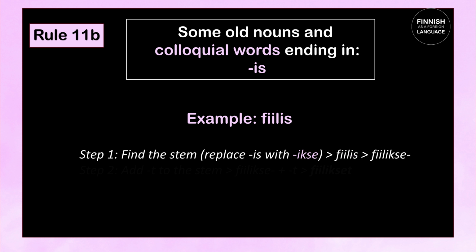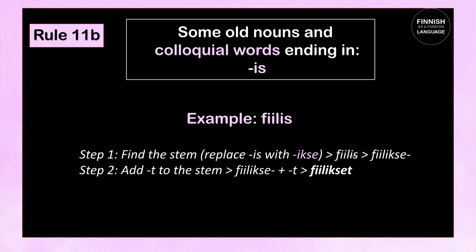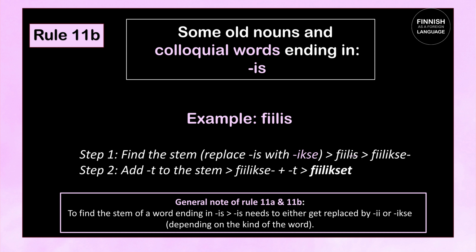This is our stem, and in the second step we have to add t to it, so that means we have fiilikse plus t is fiilikset, meaning the feelings. This is the nominative plural. So what we've learned with rule number 11 is that when we want to find the stem of a word that is ending in is, we either have to replace the is with a double i or with ikse, depending on what kind of a word we have to do with.